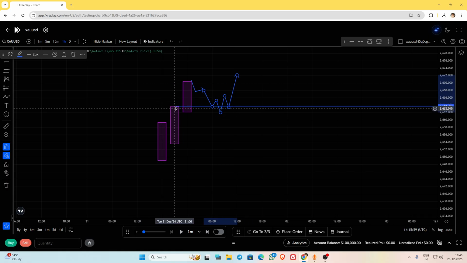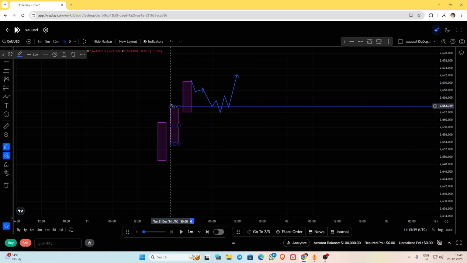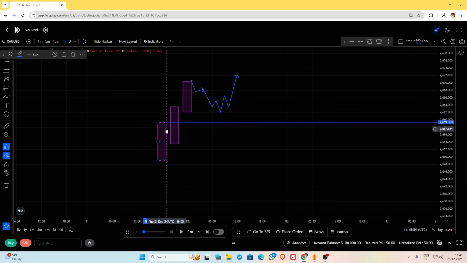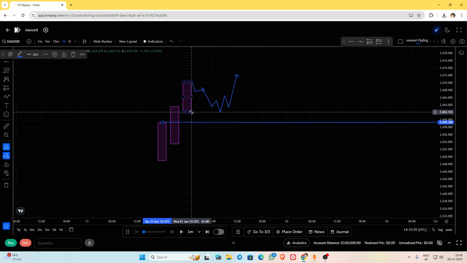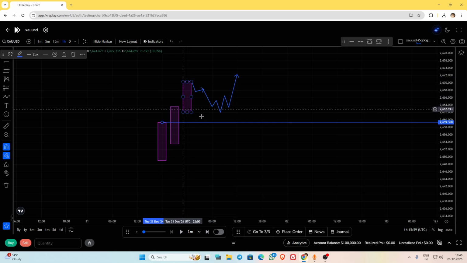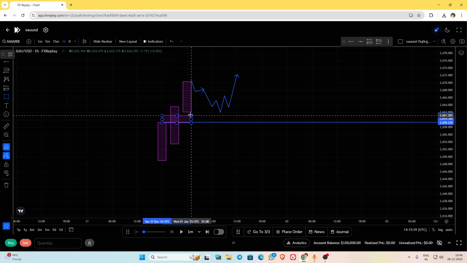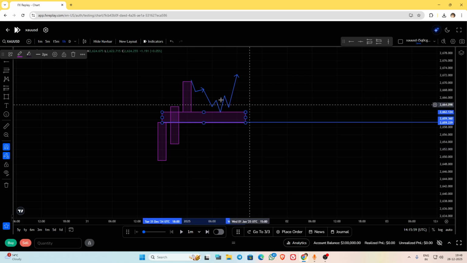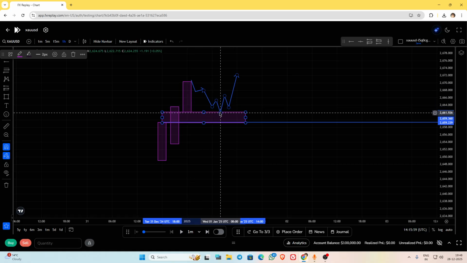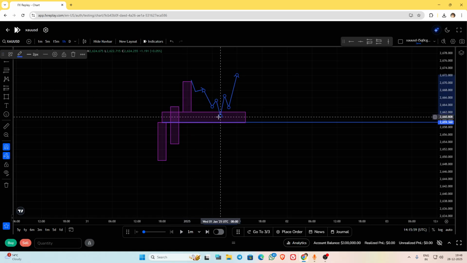What is the second scenario? Second scenario is, let's say this is a 7 a.m. candle, 8 a.m. closed above, 9 a.m. closed above 8. So there will be a fair value gap, and we will try to enter in this fair value gap when the market comes and sweeps this 9 a.m. candle.